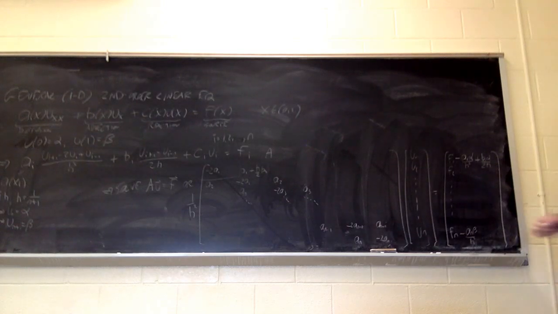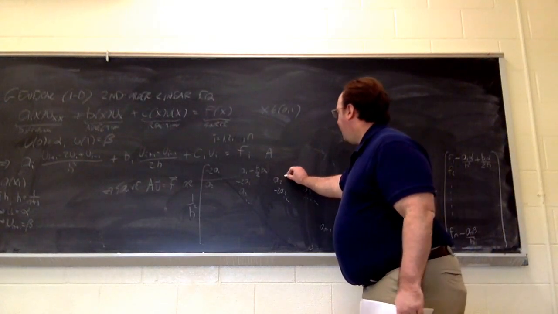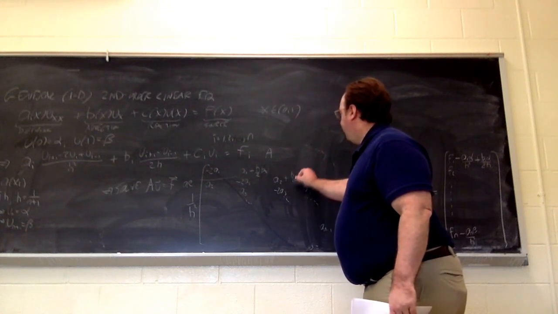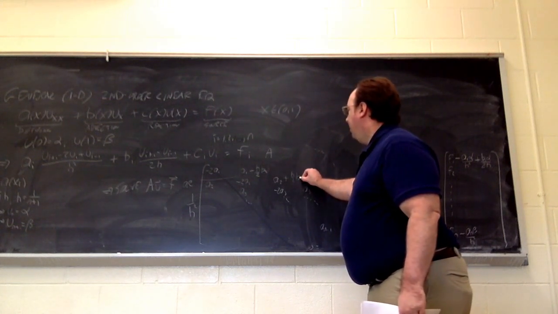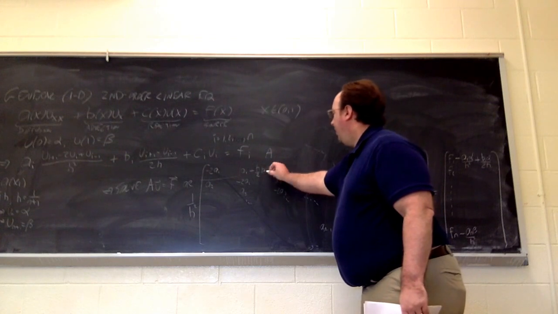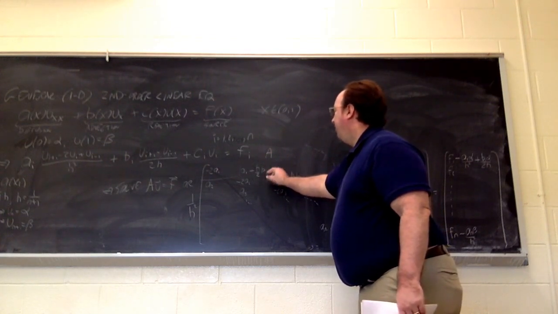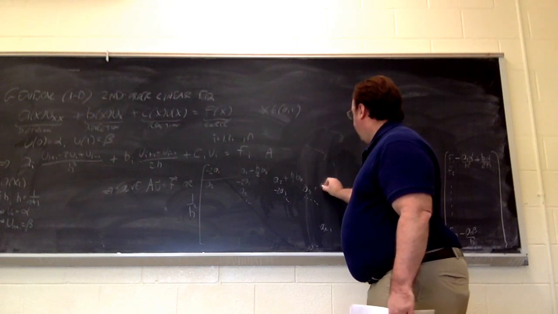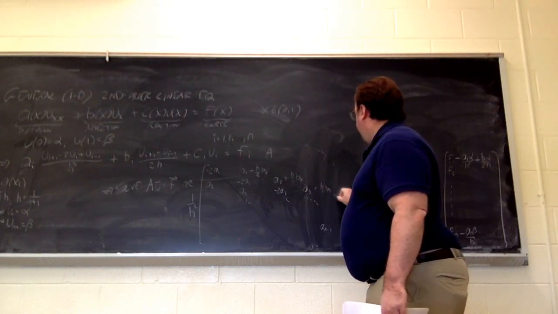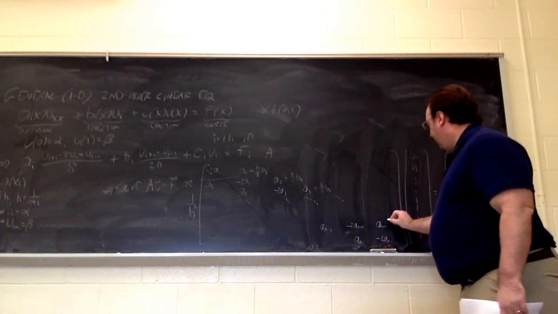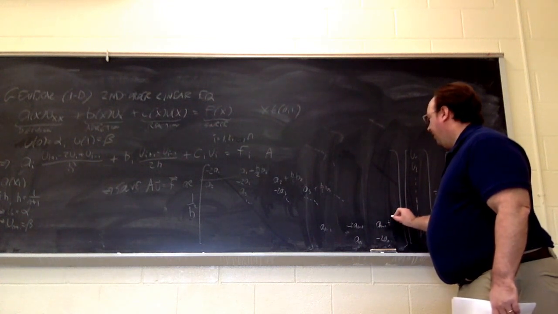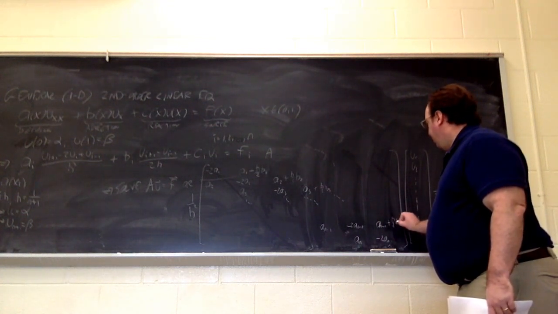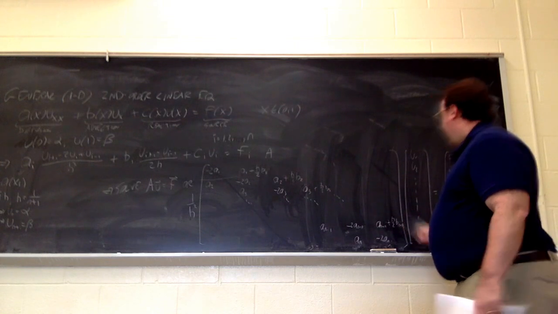And this pattern is going to keep going, for instance, all the way down the superdiagonal. So yeah, this is for u2, but B1, h over 2 B2, plus h over 2 B3, and so on, down to the end, plus h over 2 B_n minus 1.